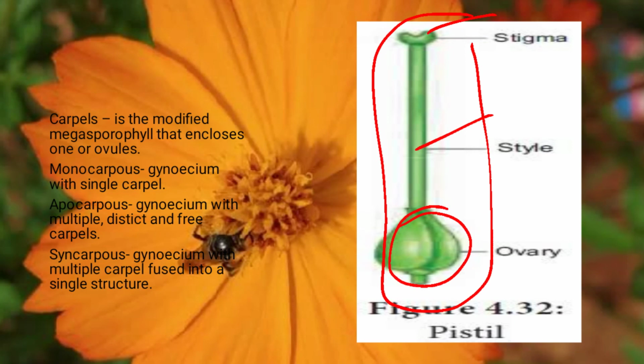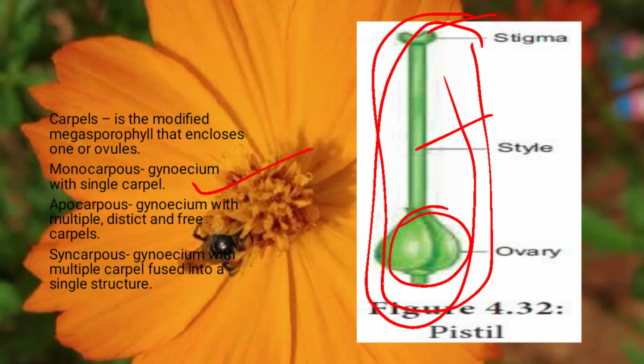Based on the number of carpels present, it might be monocarpous, meaning some flowers have only one carpel, with one style, one stigma and one ovary which has the ovules. Some flowers might be apocarpous. Apocarpous means it has two different styles, two different stigmas and two different ovaries.